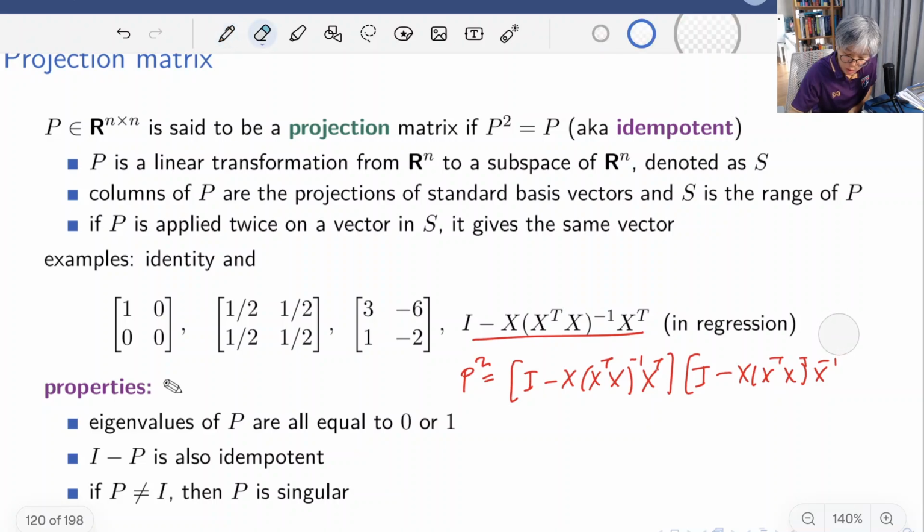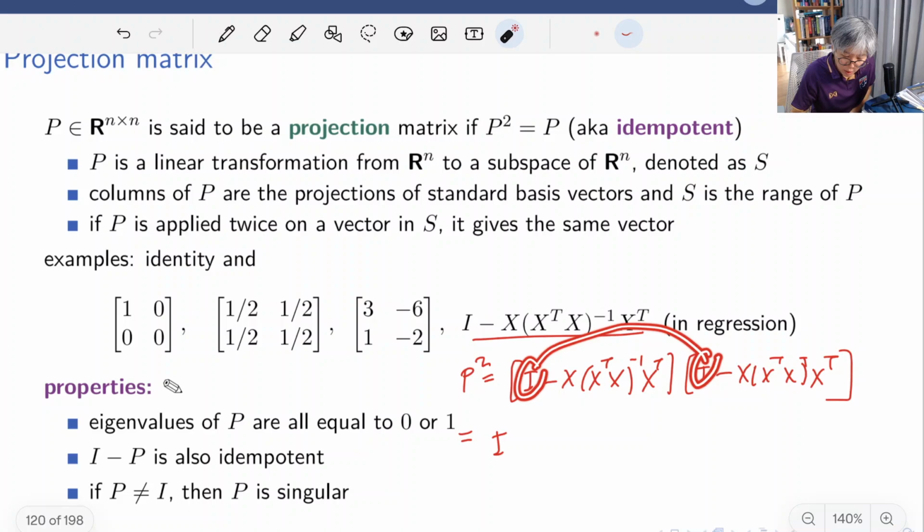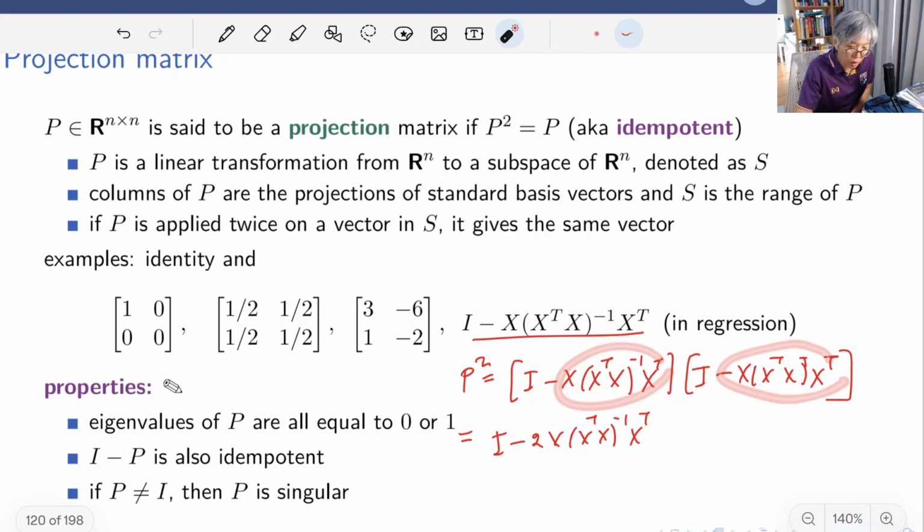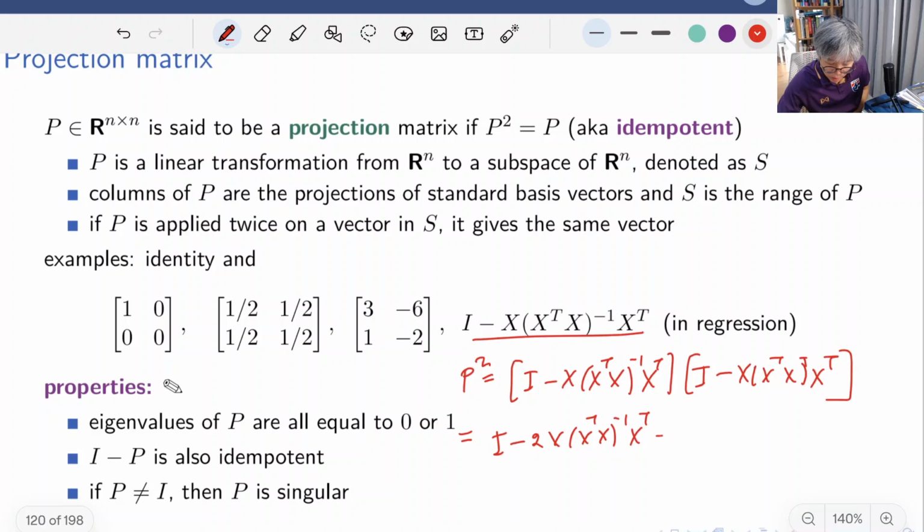You're going to get I, and then the cross terms, which give you twice X (X transpose X) inverse X transpose, and the last term is this times this with the sign plus.